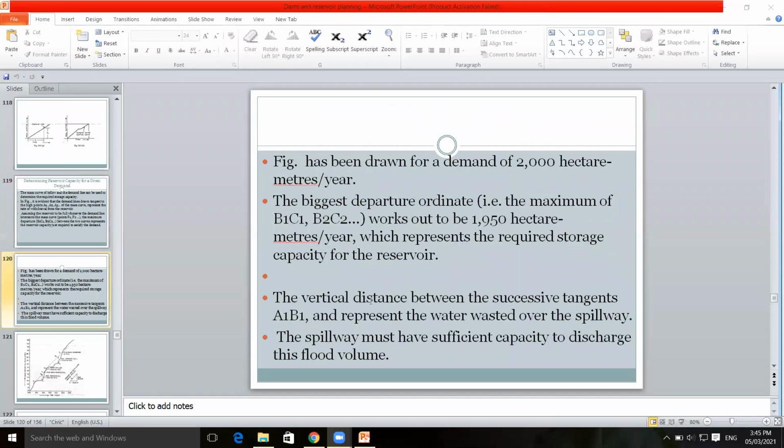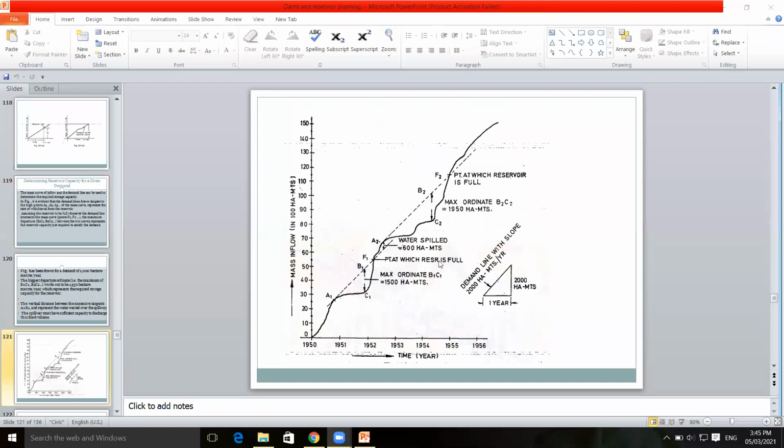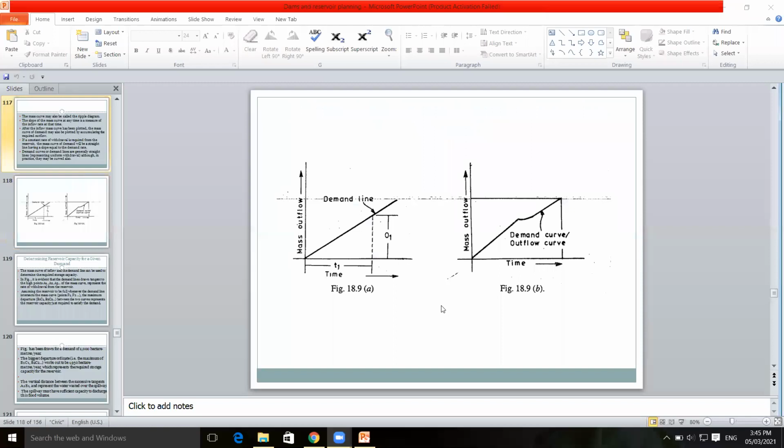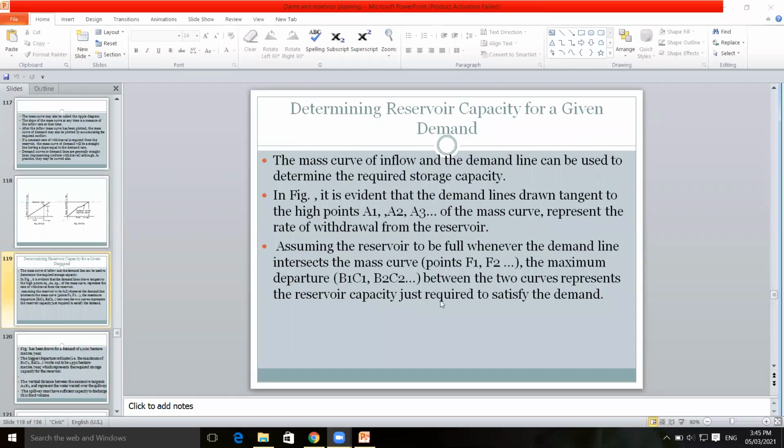V1 C1 is shown here, the depth from C1 to V1, again V2 to C2. So this indicates the reservoir capacity, just required to satisfy the demand.